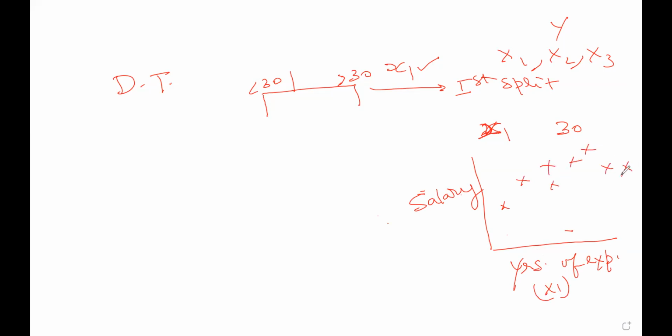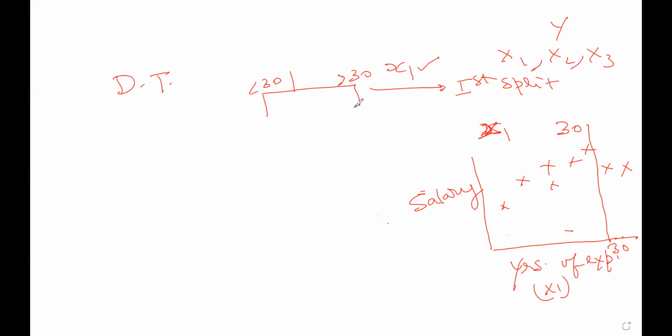Okay, and we say that the best split was obtained here at 30, right? So 30 splits this zone in an optimal way such that the sum of the MSEs for both the zones is the least. That's the idea, right? So this is the first split using X1.